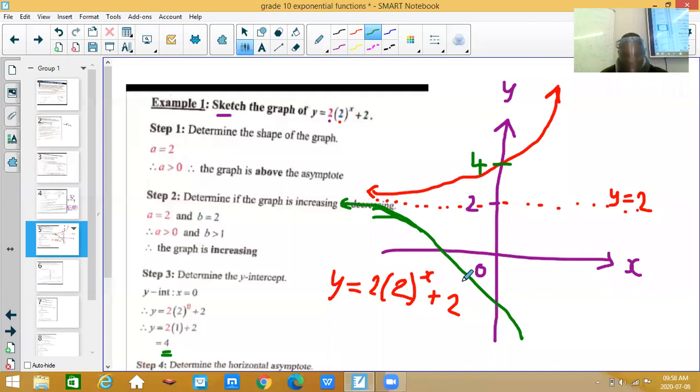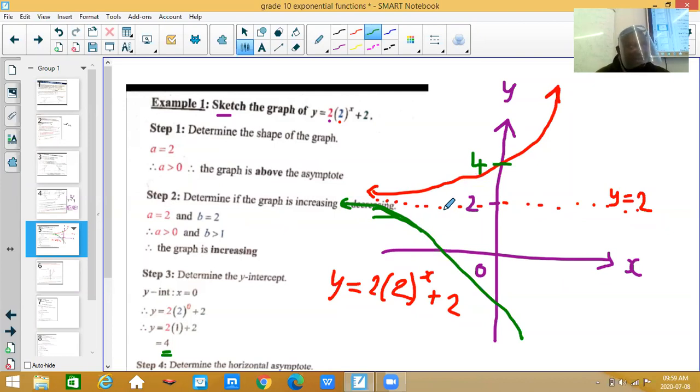Now, when you look at this curve, is it increasing or decreasing? It is decreasing. So it answers your question. Once it is below, it changes its nature. As here it was increasing, now it will be decreasing.